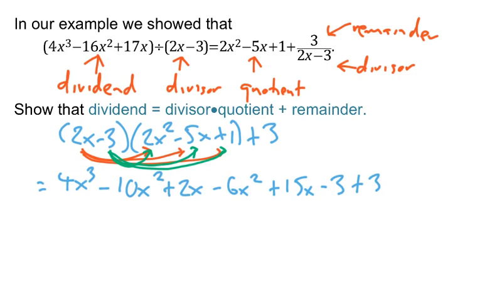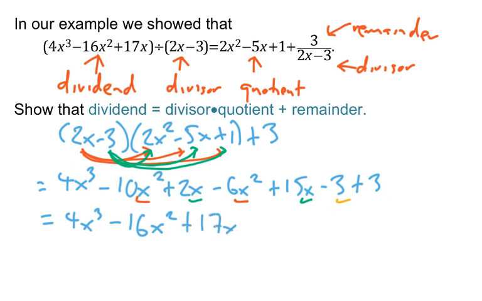Let's combine any like terms that we see, and I do see some. There's nothing to combine with the 4x cubed, but these are like terms, and they combine to give me negative 16x squared. And these are like terms, the 2x and the 15x, and they combine to give me 17x.